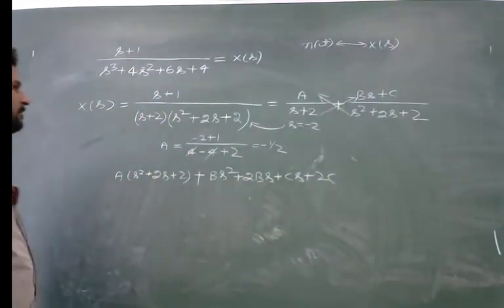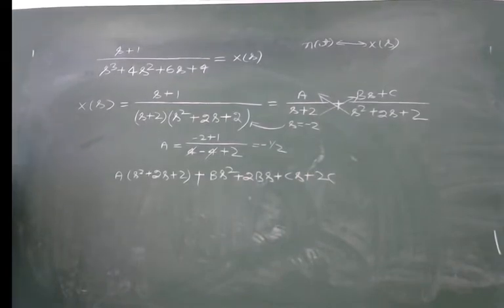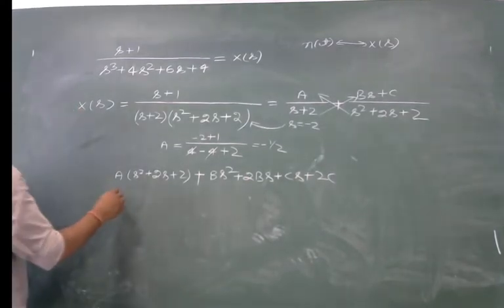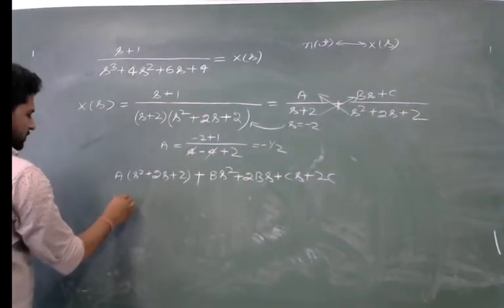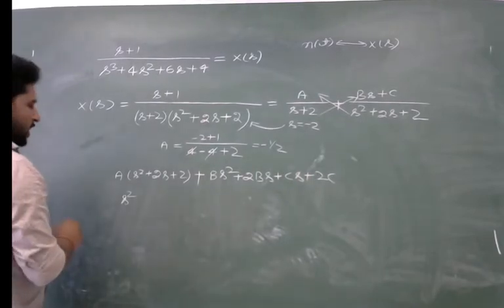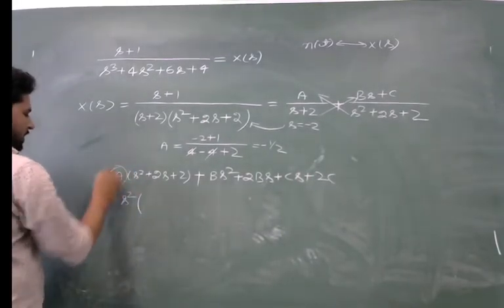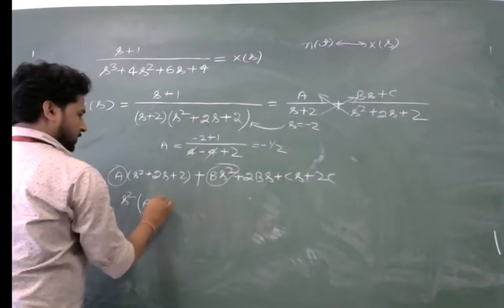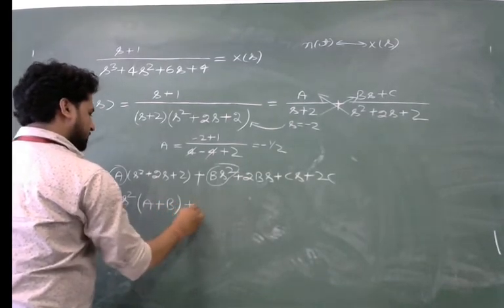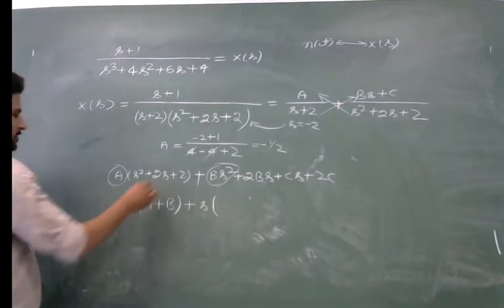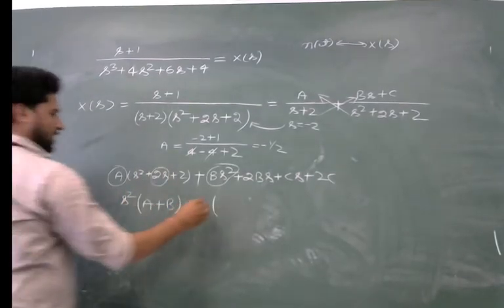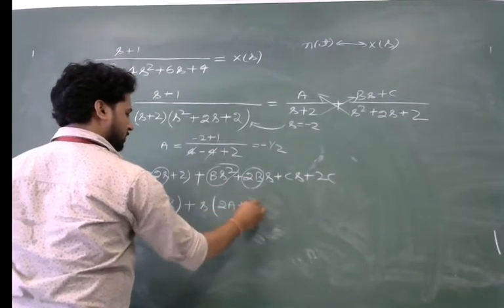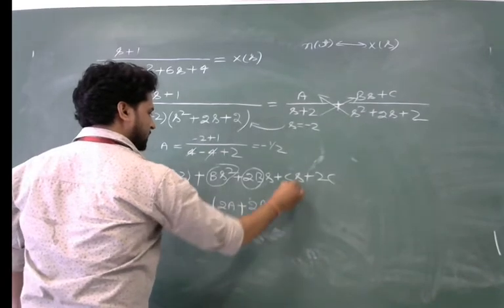So the numerator of the right hand side will become like this. Now consider the terms having s square only. We will get a from here, another s square here, so this will become a plus b. Then for s, we will get 2a from here, plus 2b from here, plus 2b plus c from here.